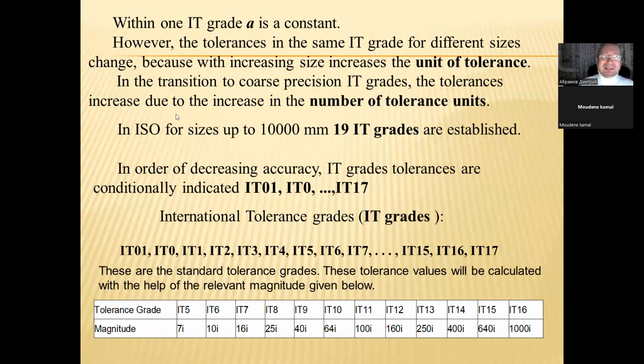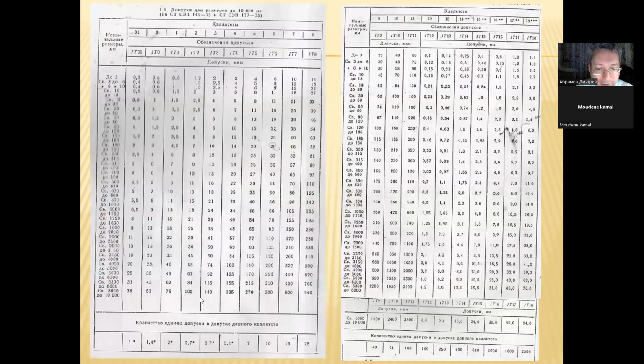Within one IT grade, A is a constant. If we look at the table, we can see that for one IT grade, for example, for IT5, A is constant. A is equal to 7. For different dimensions, the dimension is changed, but the IT grade is constant, and A is constant too.